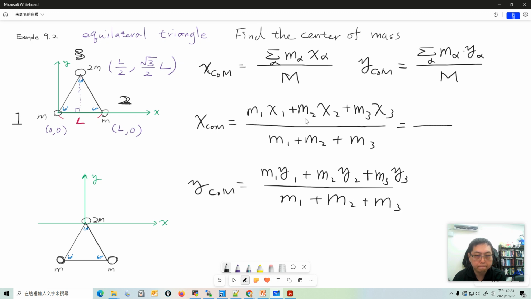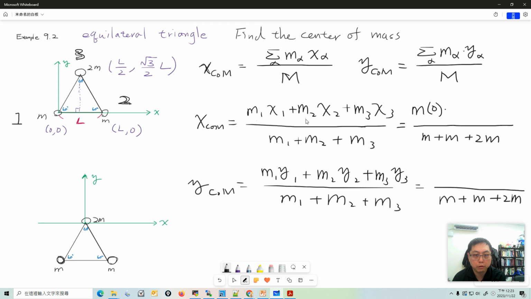Let's deal with the denominator first. The denominator is much easier. m1 plus m2 plus m3 gives you the total mass of the system, m plus m plus 2m, so it's totally 4m. Now m1, the mass of particle 1, is m, and its x coordinate is 0.